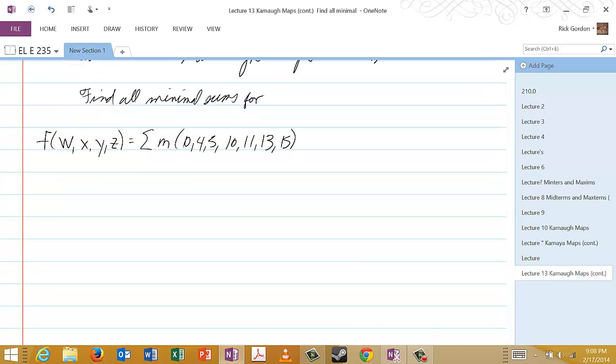Okay, so now to in fact work it out in detail, as usual, we begin by looking at the number of independent variables, which in this case is 4, and therefore the number of cells in our Karnaugh map will be 2 to the 4th power, or 16. So this is one of those cases where we will have a 4x4 Karnaugh map.